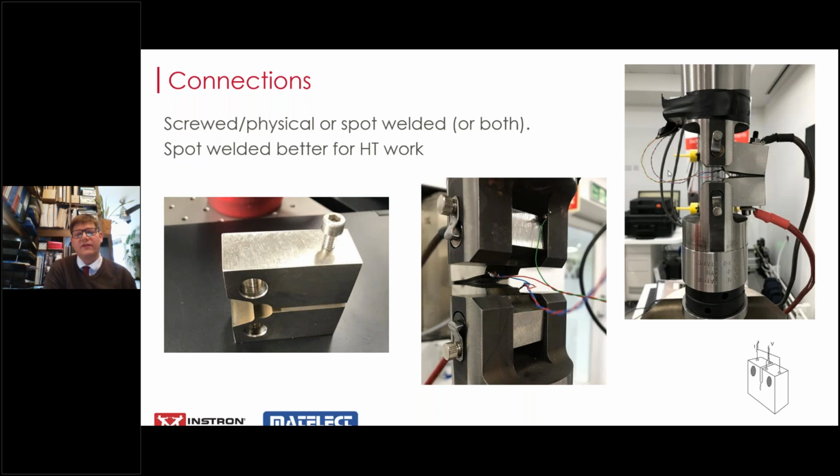So it's only the screw thread which is actually passing the current into the specimen, and also it's the screw thread which is the point contact for measuring the voltages.